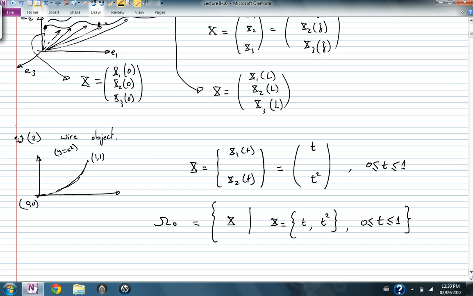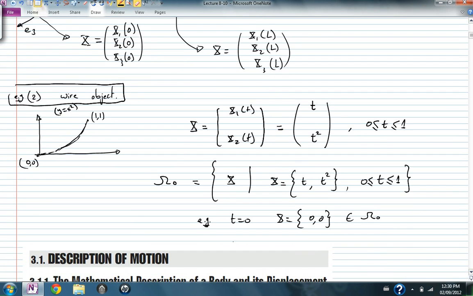So if you try to look at examples of vectors in omega naught, put t equals 0, x is equal to 0, 0, is an element of omega naught, is an element of this object. Put t equal 0.5, x is equal to 0.5 and 0.5 squared, is an element of omega naught, and so on.